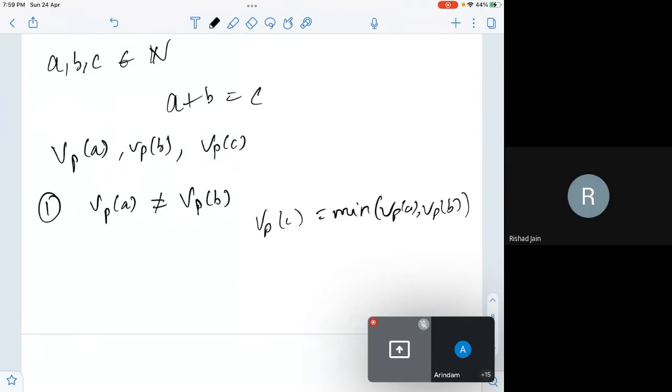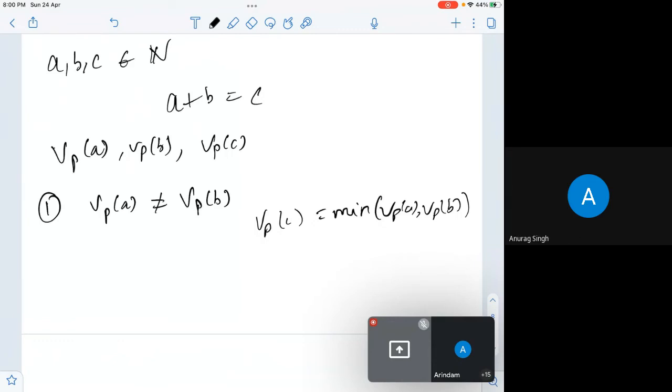We can just assume that one of them is greater, so for this equation to have a solution, it should... Okay, can I tell? Yeah, sure.